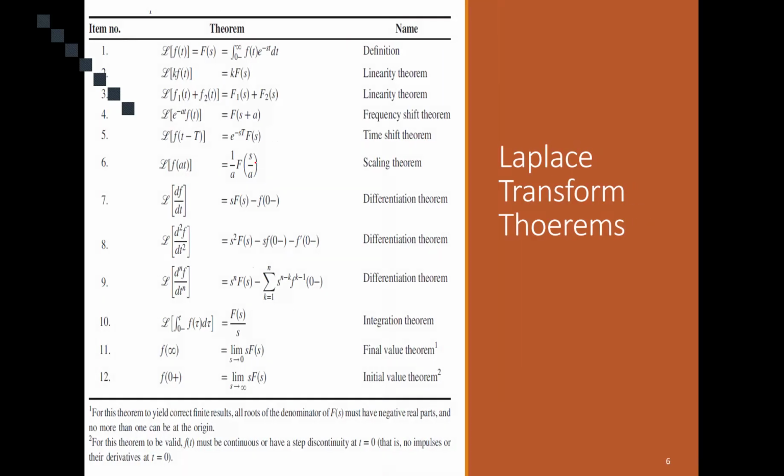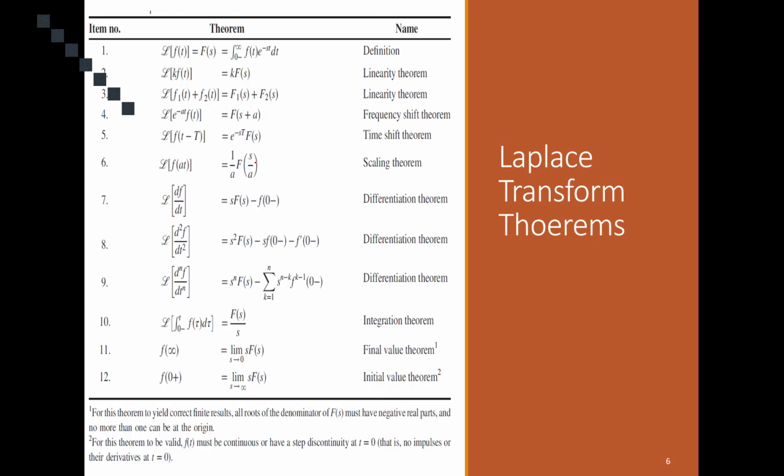Now, the Laplace transform has several properties when we talk about mathematical techniques. We already mentioned the definition: the integral of that function times e to the power of minus st, remember that, okay, dt from 0 to infinity.